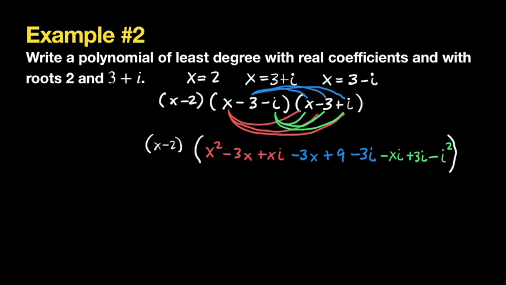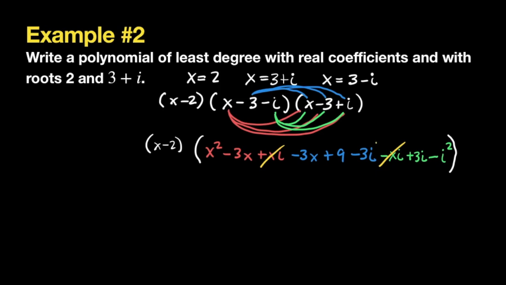You're going to start canceling things out. If the i's don't cancel, that means that you did something wrong. So we have xi right here. This is positive, and we have a negative xi. So those two will cancel each other out. We also have a negative 3i and a positive 3i.